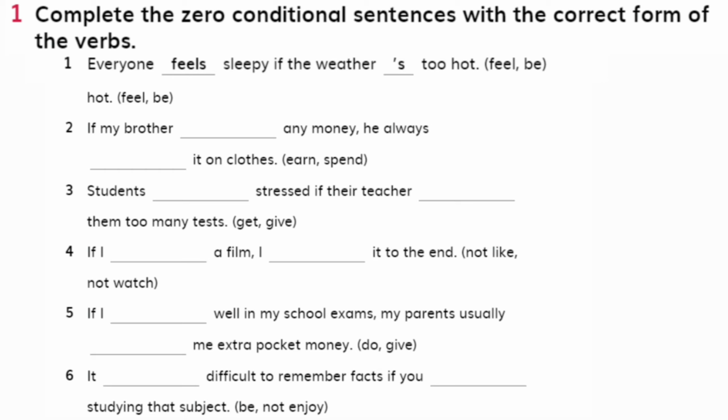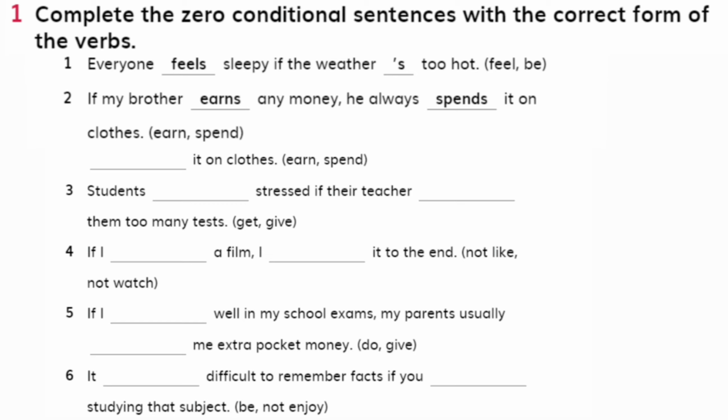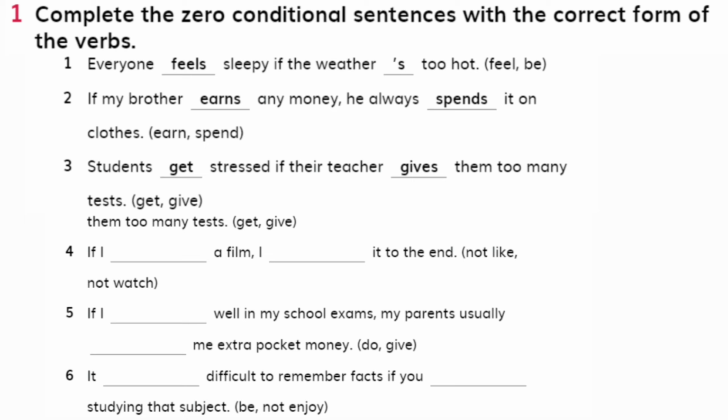Number 2. If my brother earns any money, he always spends it on clothes. Number 3. Students get stressed if their teacher gives them too many tests.